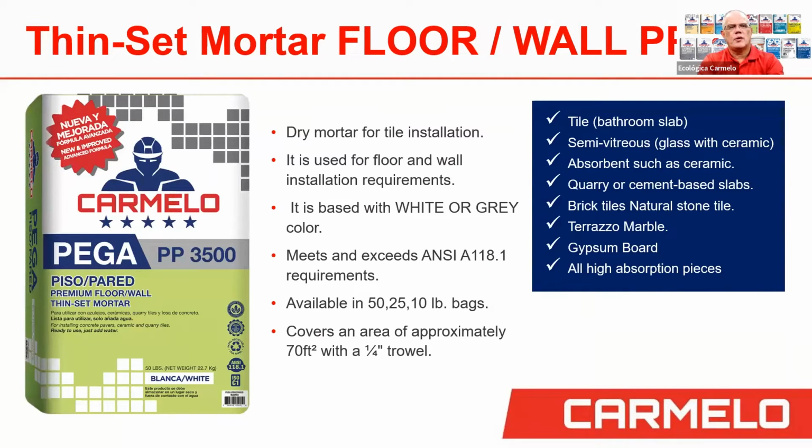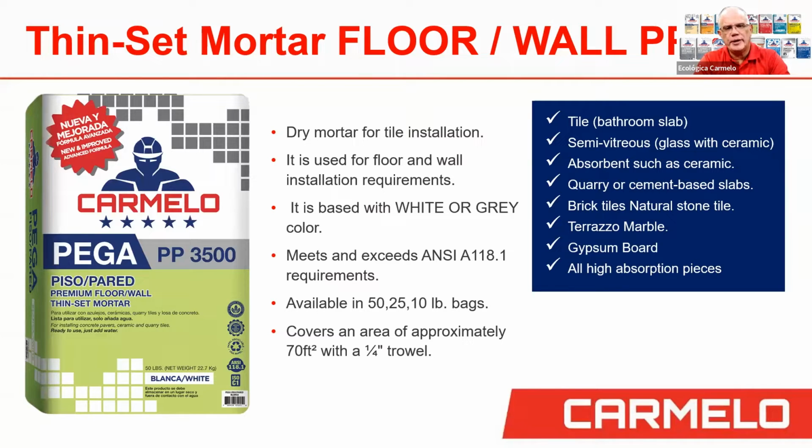So we start with our first thin set mortar. This is the 3500, and this one doesn't have polymer. So use this one as directed as well. Use it on floor and wall installations.